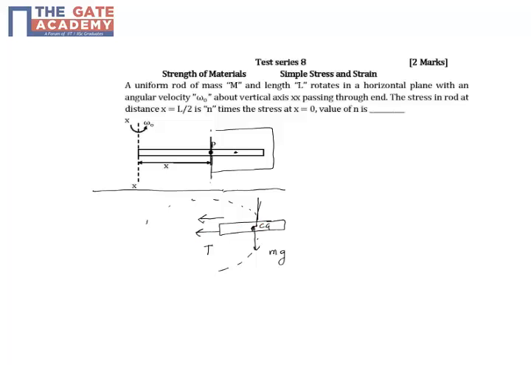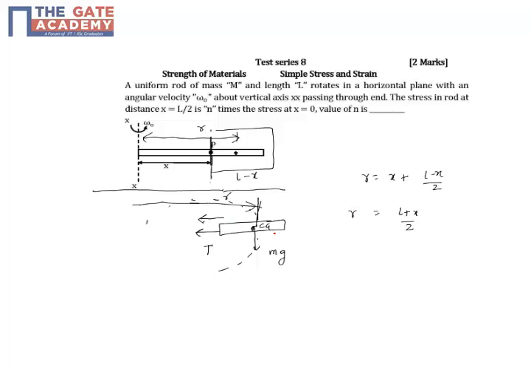Let's say the CG is at a distance r from the spinning axis. This is x, this is L minus x, and this is the CG. So r is x plus half of L minus x, that is, L plus x by 2. That is the CG distance from the spinning axis.